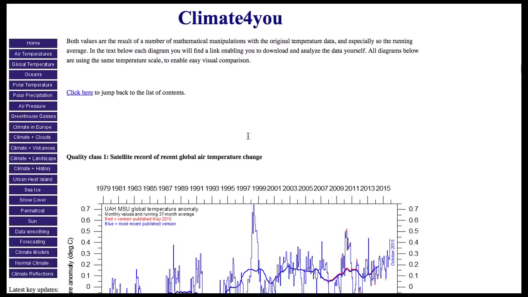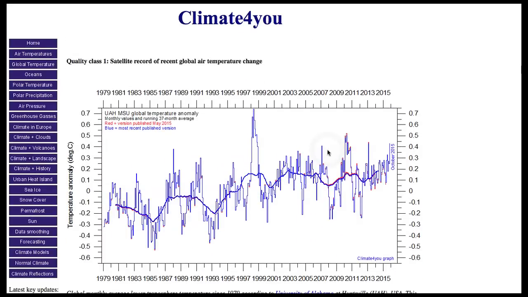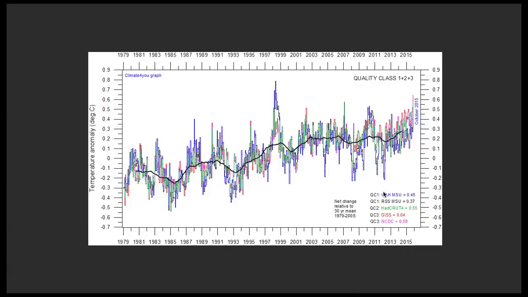So again, a lot of stuff to go through, but the upshot of this is that when you compare the satellite record, the Quality Class 1, to the HADCRIT and the GISS and NCDC, the Quality Class 2 and 3, the surface air temperature estimates, you find that there is an appreciable difference in temperature anomalies.